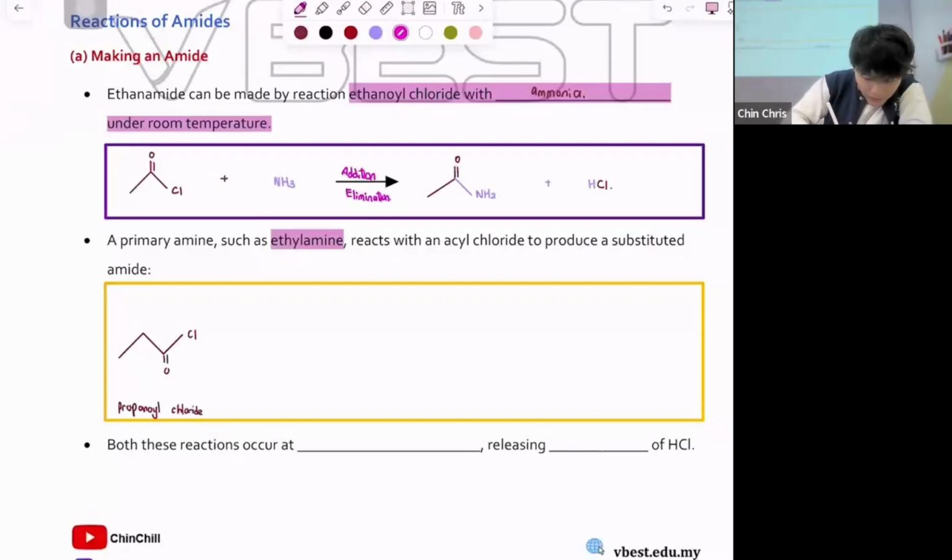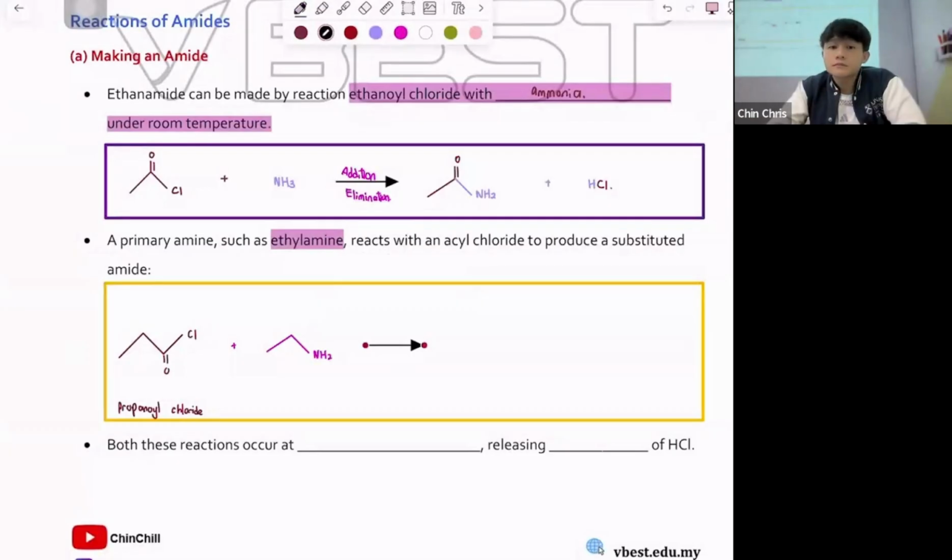And I'm going to react it with an ethylamine. All right, guys, join them. Get me the amide and name the amide for me now.